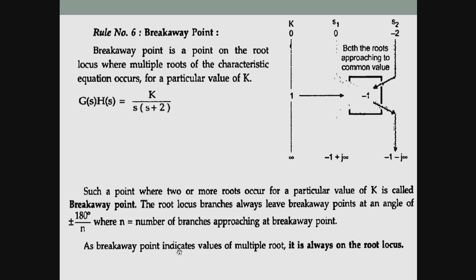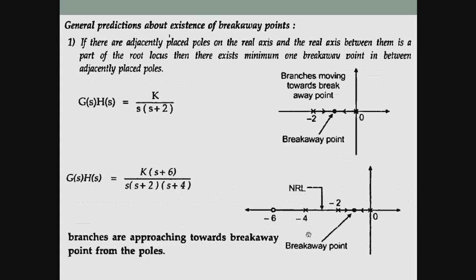We will see how to calculate the number of branches. As a breakaway point indicates the value of a multiple root, it is always on the root locus. We'll take a simple example. In general, how do we predict the existence of a breakaway point?